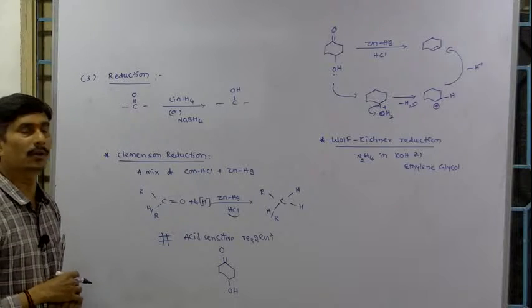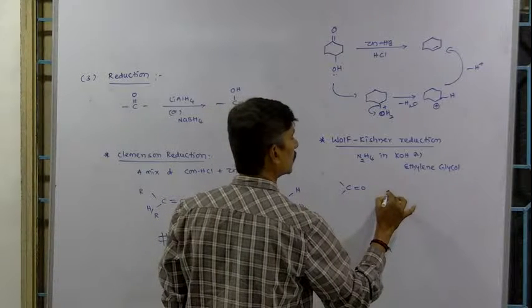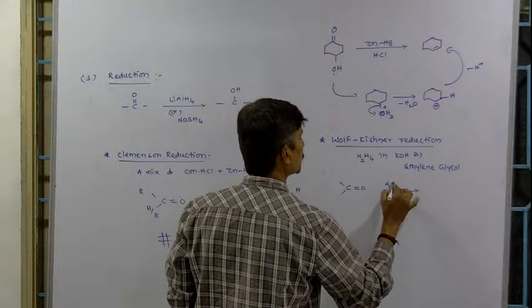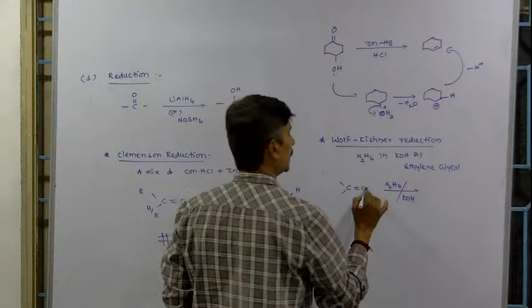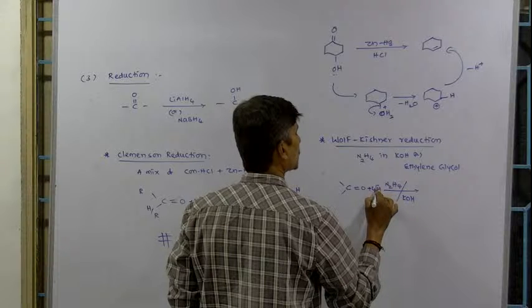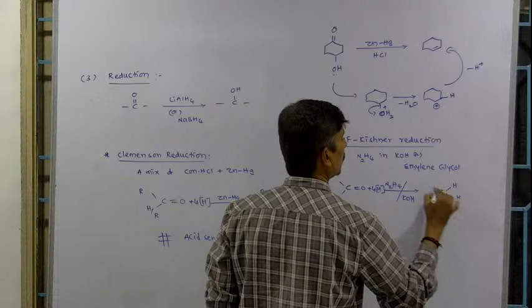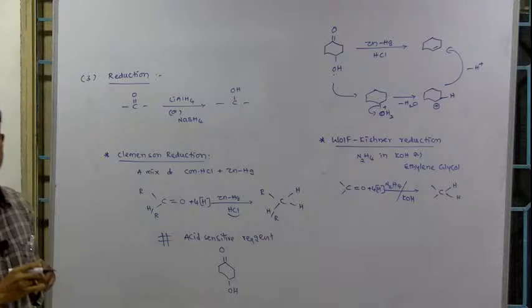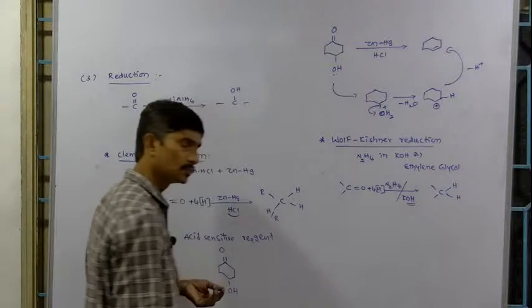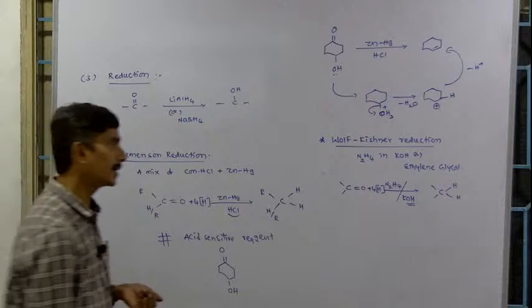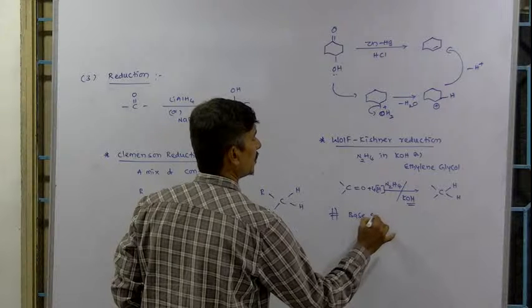This reagent also converts the carbonyl compound of aldehyde or ketone, with N2H4 in potassium hydroxide or glycol, then utilizing 4 nascent hydrogen atoms, it is also converted into hydrocarbon. What are we using now? OH. It is a base sensitive reagent.